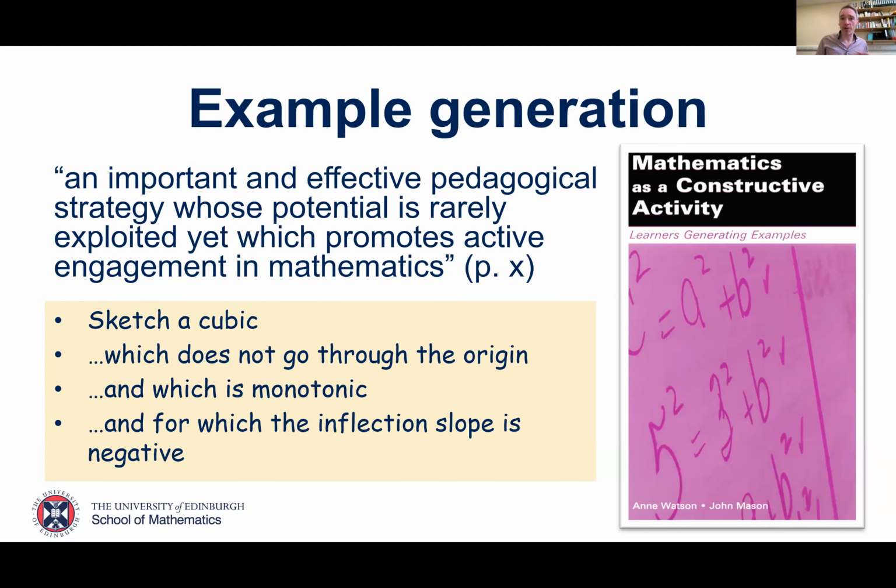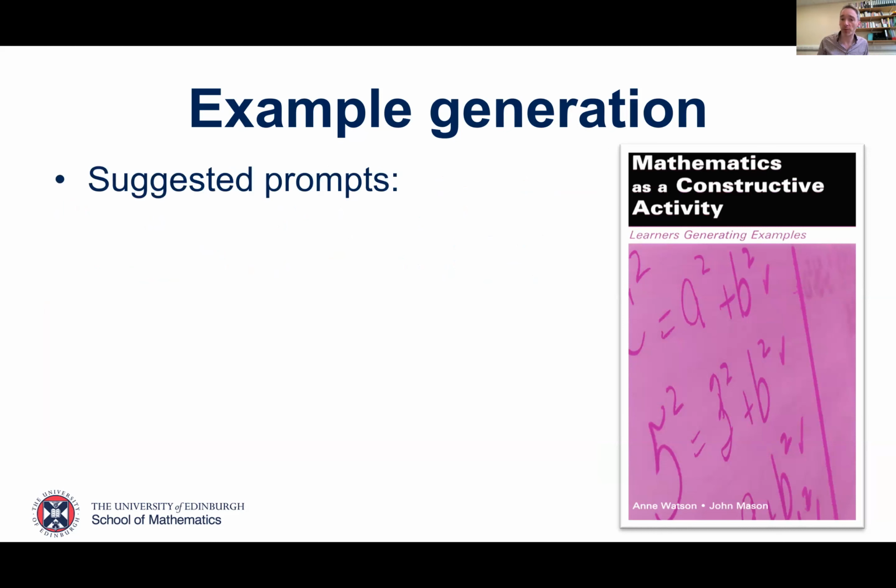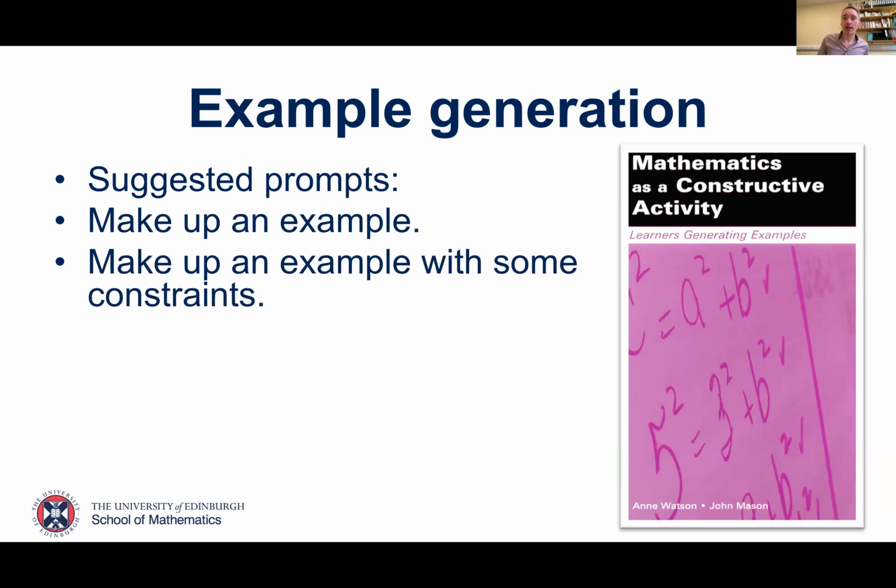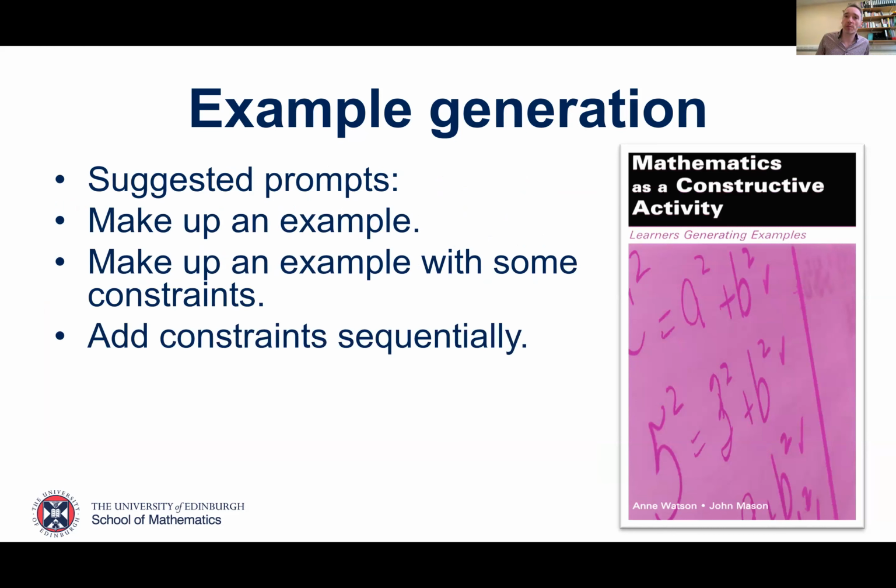So I don't know how your experience of that played out, but certainly when I first did this, it felt like John was able to read my mind and know which were the obvious examples that I was going to go for, and rule those out with the next prompt. And that is a general pattern that is recommended in the book, of using this technique of asking students to give an example and then adding some constraints, guided by your understanding perhaps of what are the more obvious examples that they might give, and trying to rule those out.